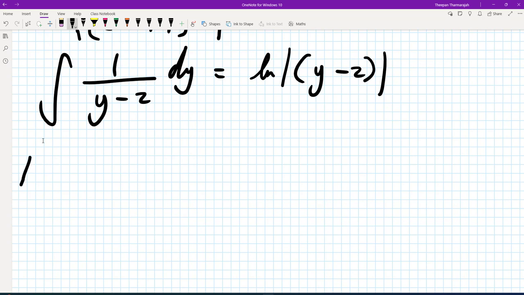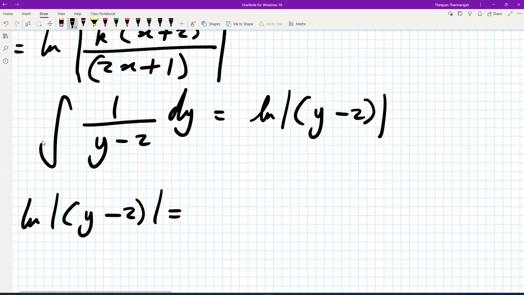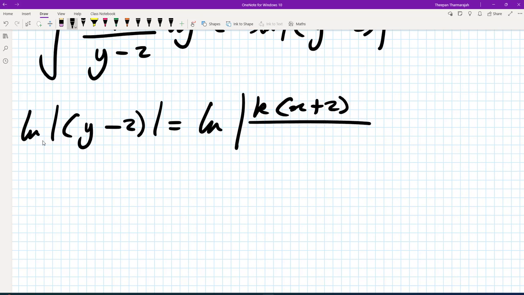So now we can rewrite our equation as ln mod y minus 2 is equal to what we just found above. So that's going to be ln k times x plus 2 over 2x plus 1.